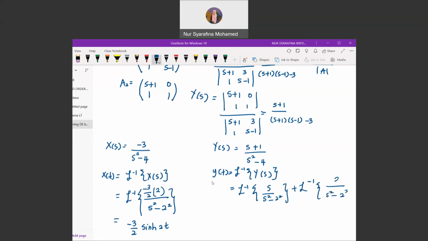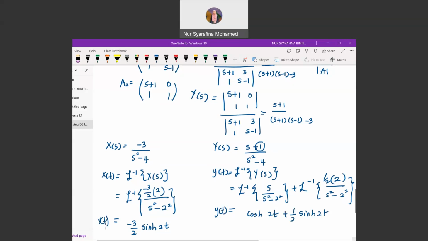And this one should be 2, but here we have 1, so just multiply by 1 over 2. Then we have here s, then this is cosh 2t, and then this is 1 over 2 sinh 2t. So this is the solution for y(t) and x(t).